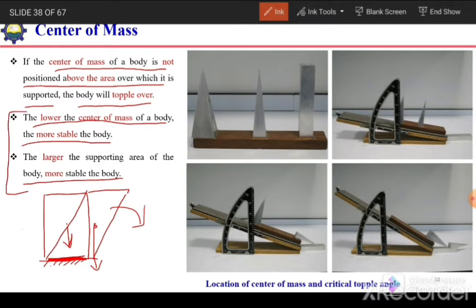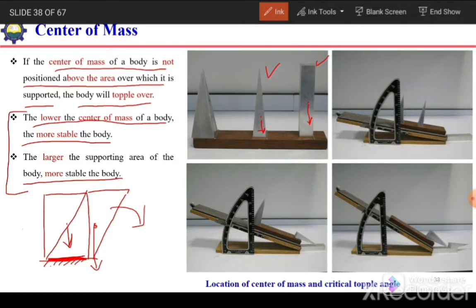For example, we have this rectangular body, a tower, and a pyramid type structure. At this stage their center of mass is over here and the line of action of weight is in this direction.